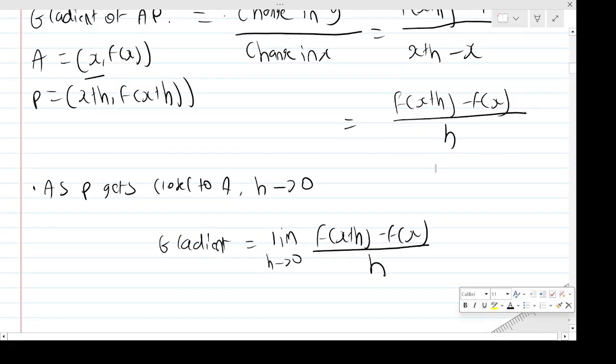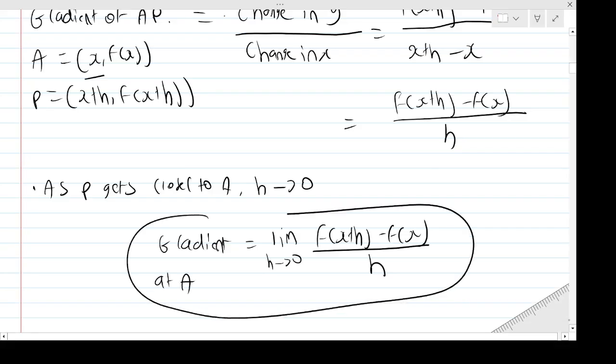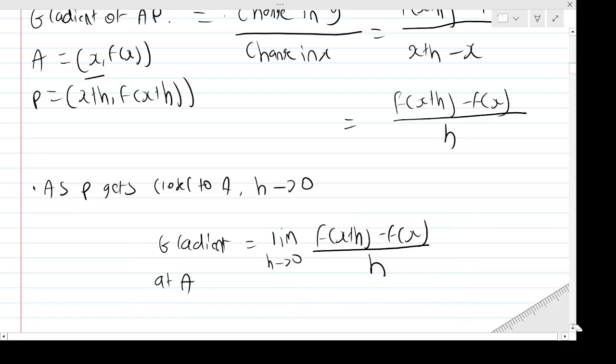So then my gradient at A is this expression here, okay? Overall, as h goes to 0, as my point P is extremely close to A, basically next to A, then that gives me the gradient, okay?